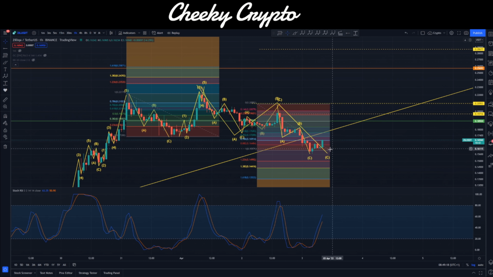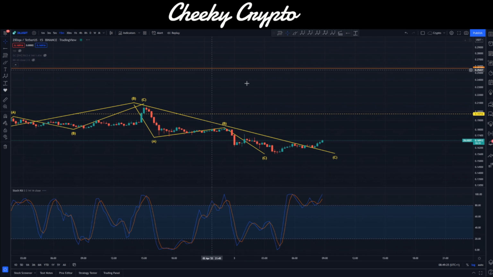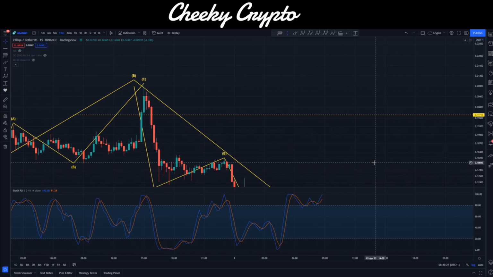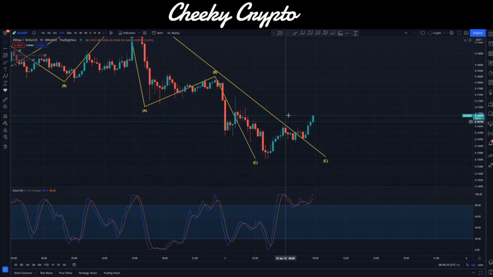Now, I do think that there's a probable scenario here where we do pull back a little bit, so we want to jump into maybe a 15-minute chart, just to get an idea as to what is going on here, because it does look like we've got some kind of A wave coming up here and getting completed, right?